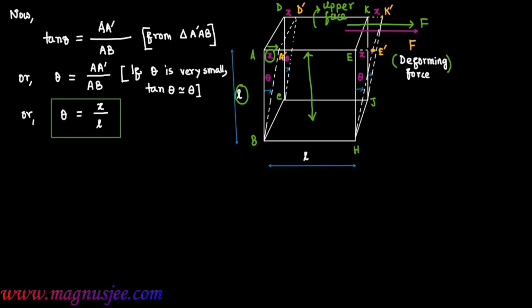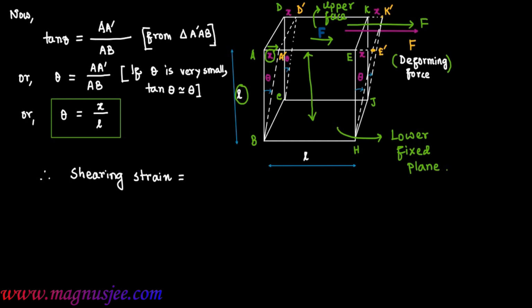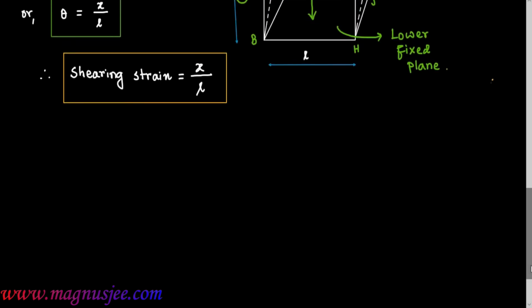L is the distance of the upper face, on which the deforming force is applied tangentially, from the lower fixed plane. Therefore, shearing strain equals x by L. That is another mathematical expression of shearing strain, which is the ratio of x and L.